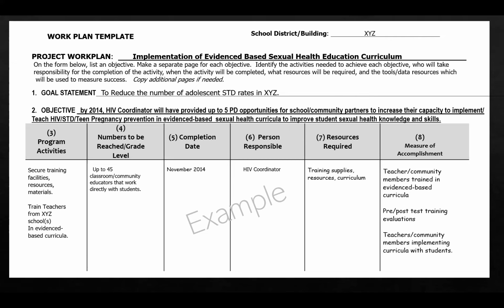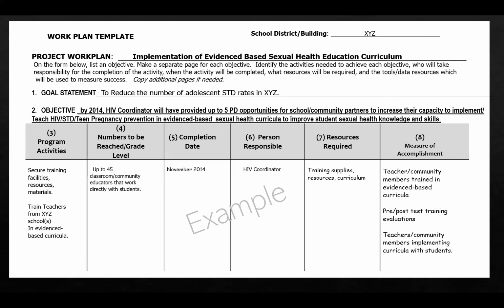The numbers to be reached or grade level. So in here again, up to 45 classroom community educators that work directly with students. They're going to be the ones trained. Completion date by November of 2014. The person responsible is the HIV coordinator. Resources required: training supplies, resources, curriculum.